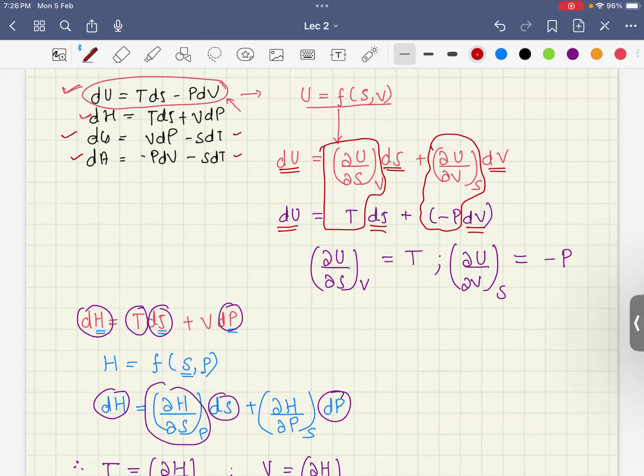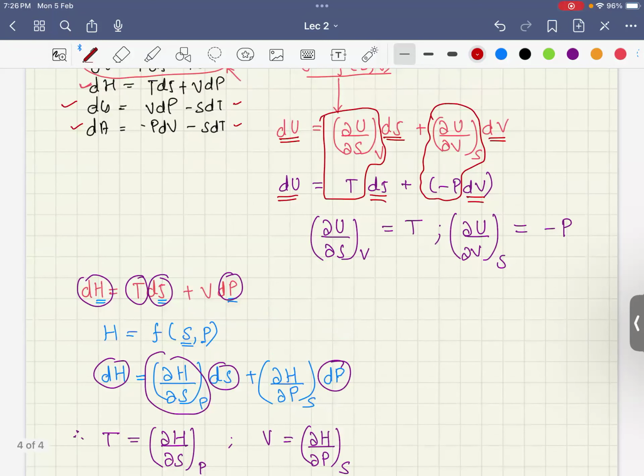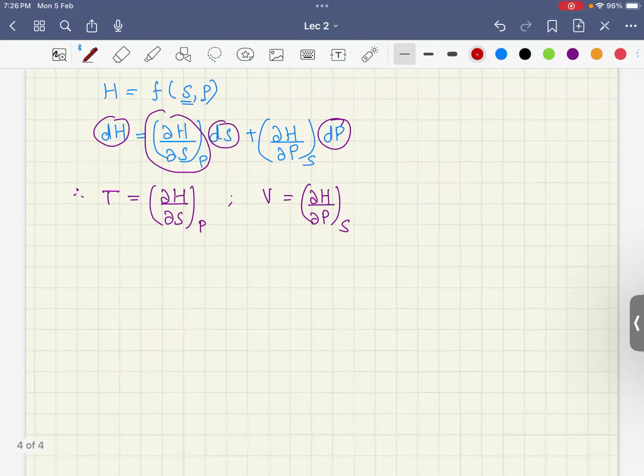So ∂G/∂P at constant T is equal to V, and ∂G/∂T at constant P is equal to minus S. You are done with dG? Yes. Okay, so I will just solve it. You just check whether yours is correct.